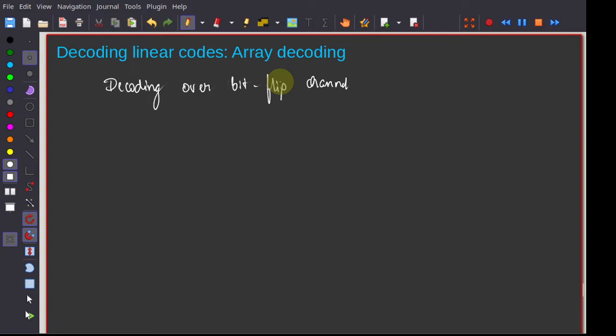The input alphabet is equal to the output alphabet. Nothing changes. Okay. So now what can I do? One way is to just maintain a table. You list out all possible received vectors, and for each received vector you associate the code word that you are going to declare. Approach number 1. That's what I could call array decoding.